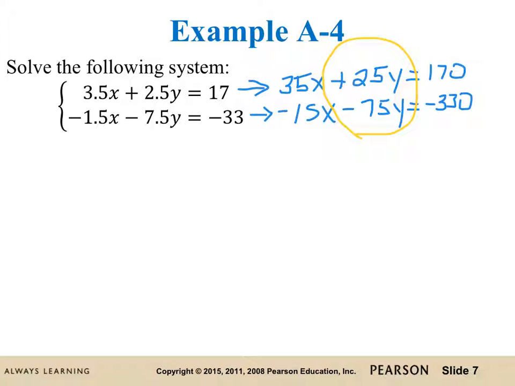3 times 35 is 105 times x plus 3 times 25 is 75 times y is equal to 3 times 170 is 510.